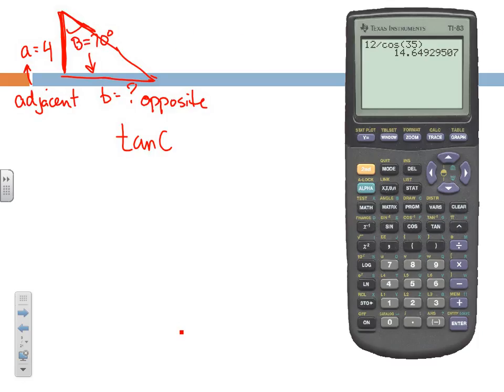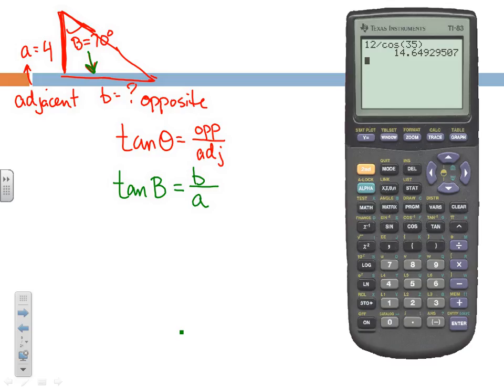Tangent of theta is equal to the opposite side over the adjacent side. The values that I'm going to use, we're talking about angle B. So this is going to be the tangent of angle B is equal to the opposite side. In this case, side B is opposite angle B, and side A is adjacent.